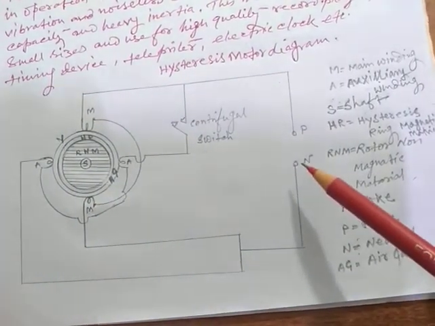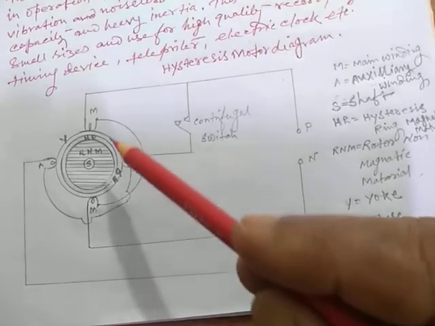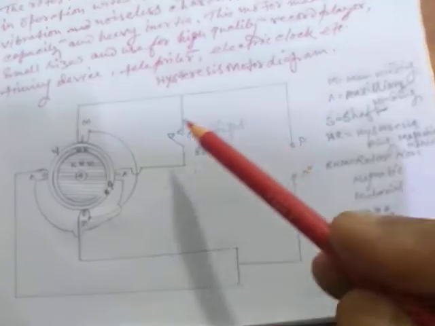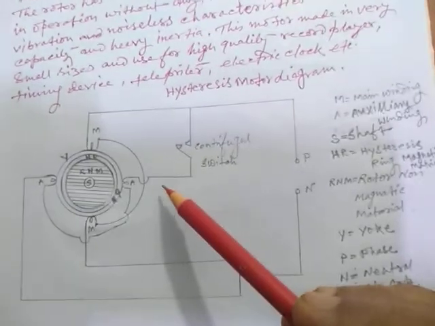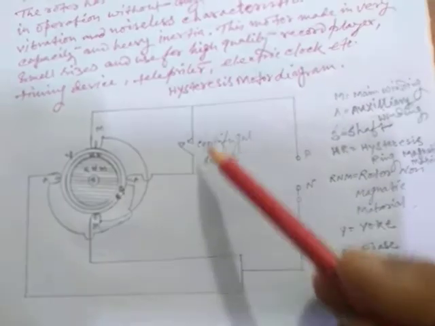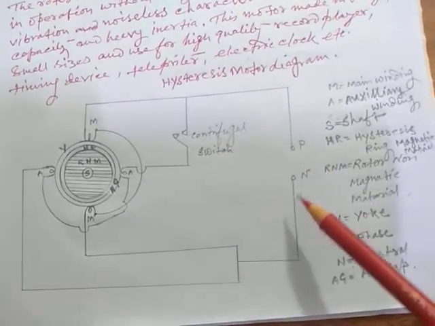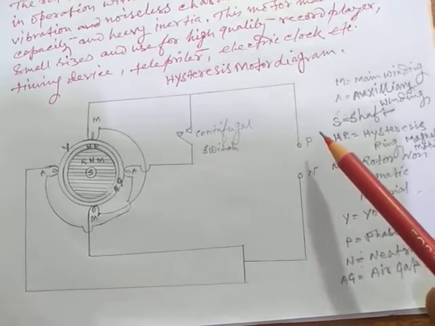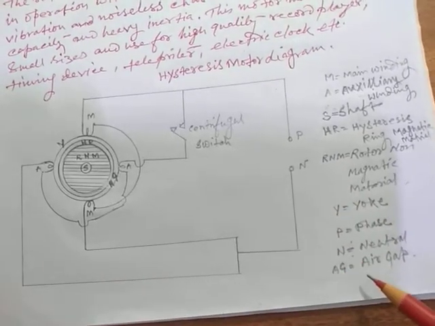It is N or P, either. Another main coil lead comes out here, and here the auxiliary coil and main coil are in between, with the centrifugal switch at the center. Here P is equal to positive, the phase, and N is equal to neutral.